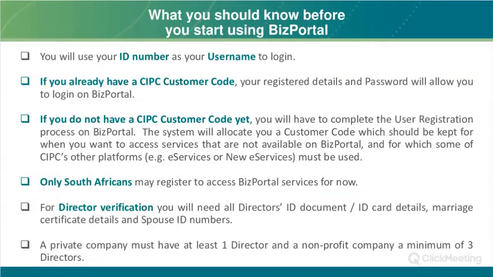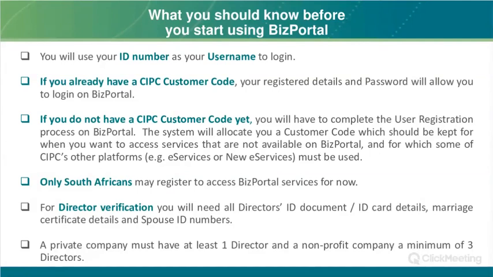The system will allocate you a customer code which should be kept for when you want to access services that are not available on Biz Portal, and which can be used on some of CIPC's other platforms, for example, your e-services or your new e-services.